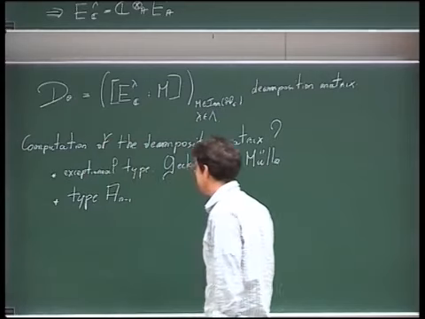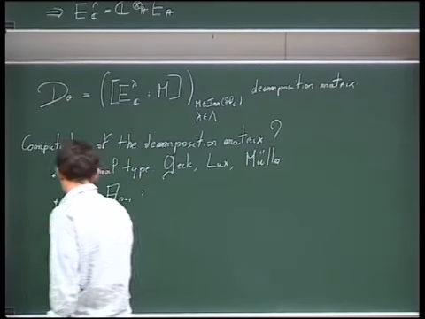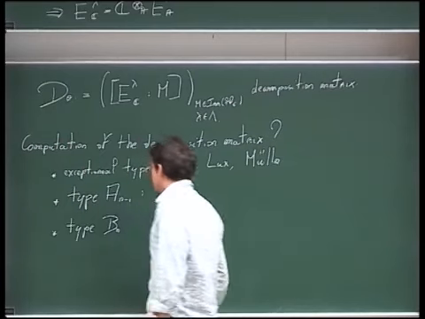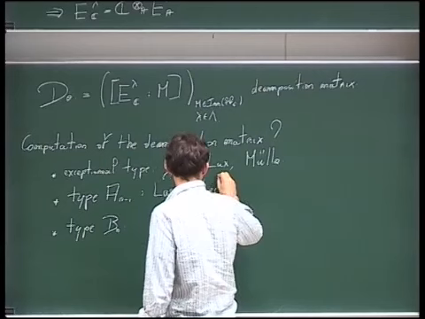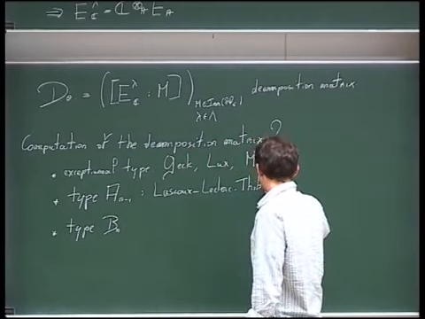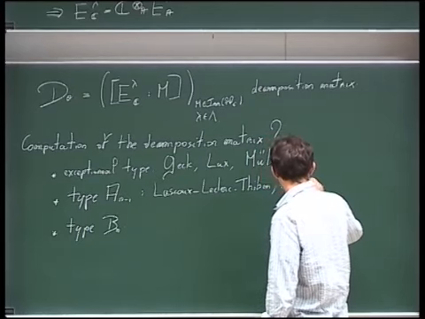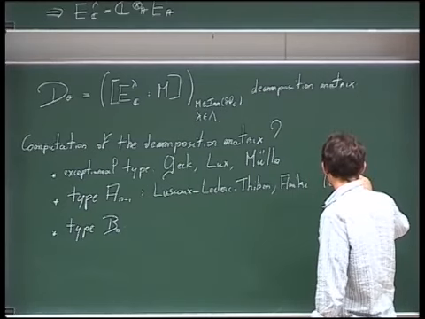For type A and type B, an algorithm has been given by Lascoux-Leclerc-Thibon. This was just a conjectural algorithm to compute the decomposition matrix, and it was proved by Ariki.